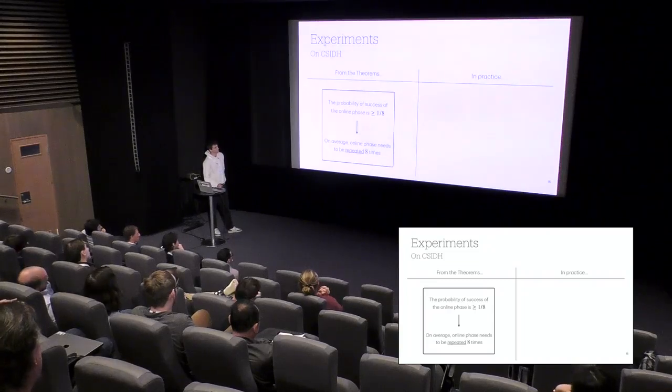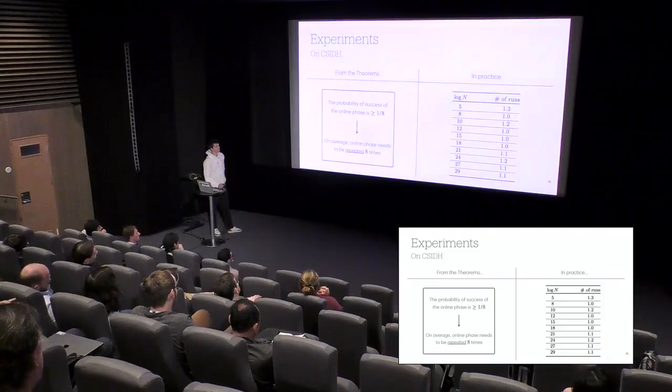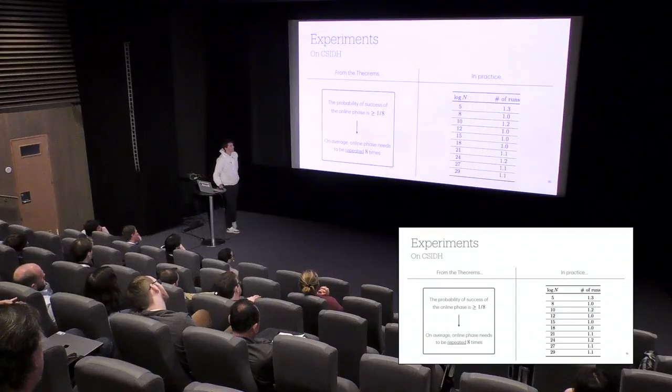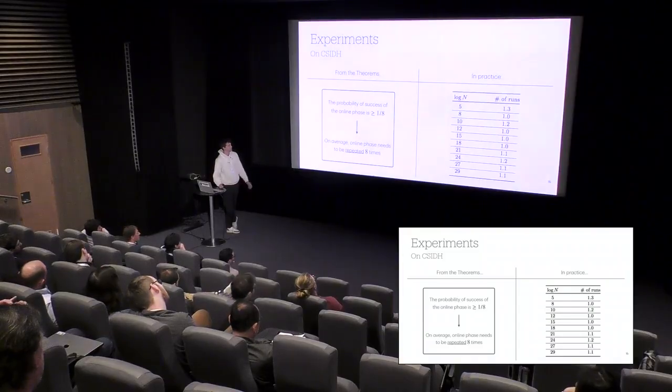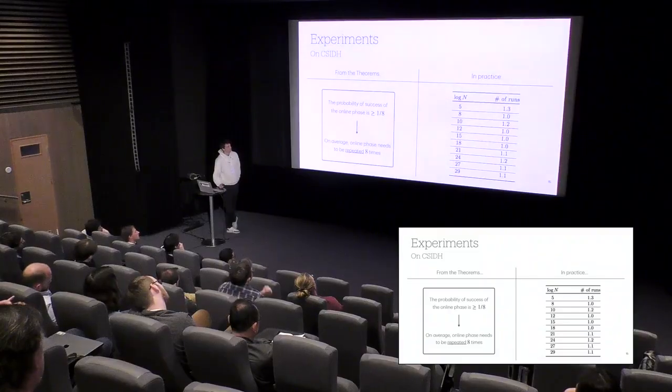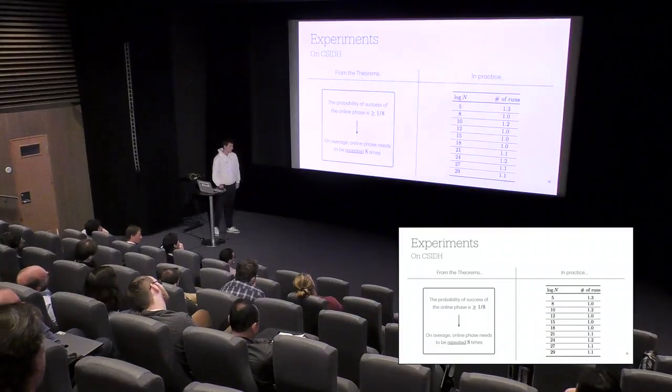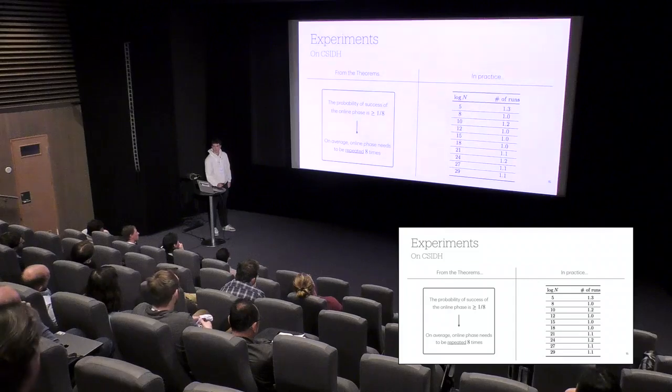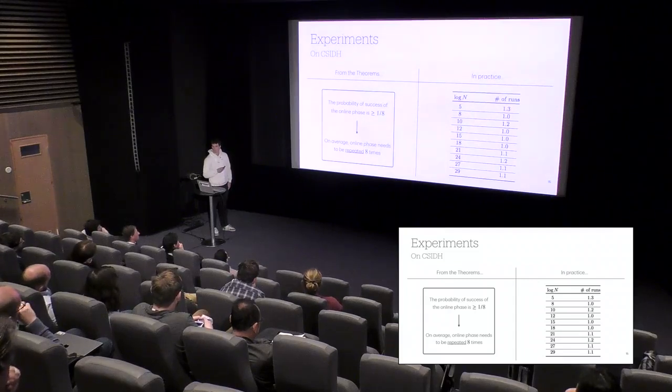And in practice, we actually observed that you have to do it once, more or less. On the left side, you have the bit size of the class group, which is the group in the group action underlying Seaside, and on the right, the number of runs of the online phase. This is because our proof technique really uses generous estimates, and we generously and pessimistically lower bound the probabilities.